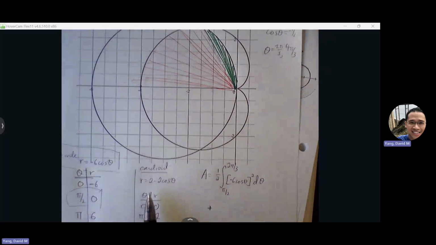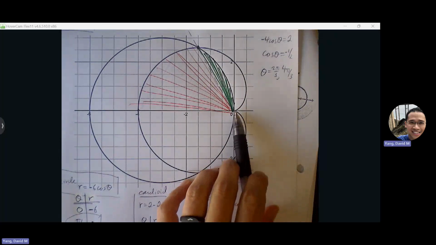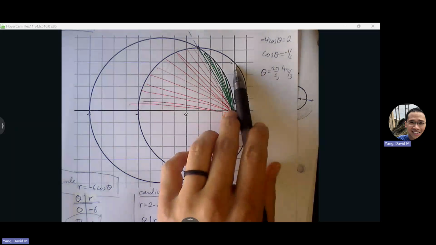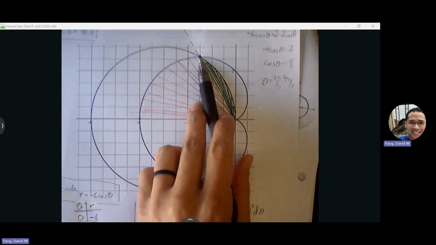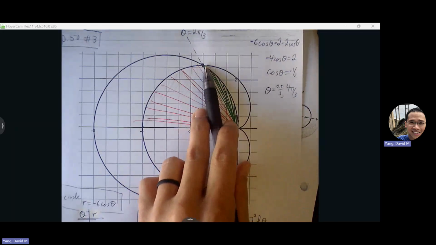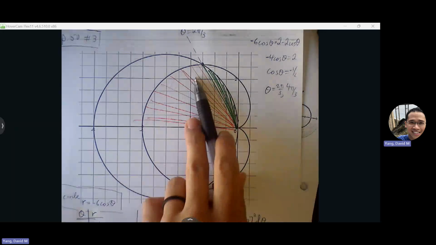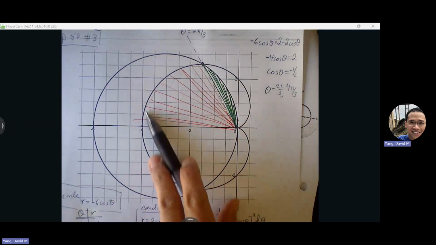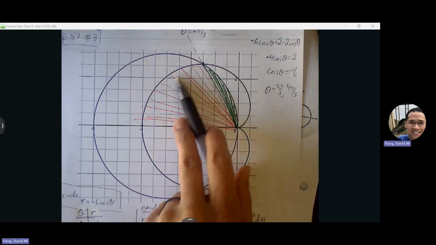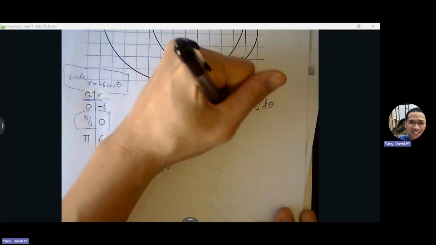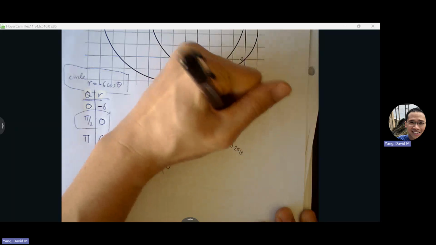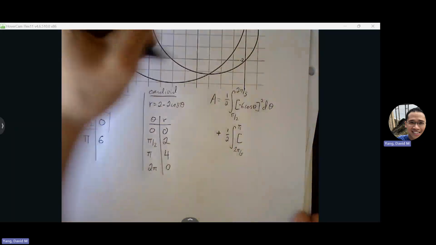And now the other one is the cardioid. We know cardioid starts here. This is at theta 0, then goes to pi over 2, and then to 2 pi over 3. And then from 2 pi over 3 to pi is where our cardioid region is going to be. So 1/2 integral from 2 pi over 3 to pi, and then r squared.